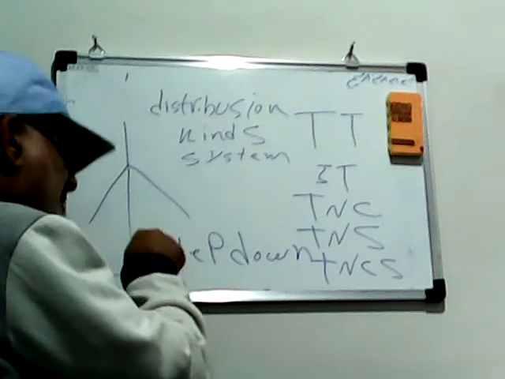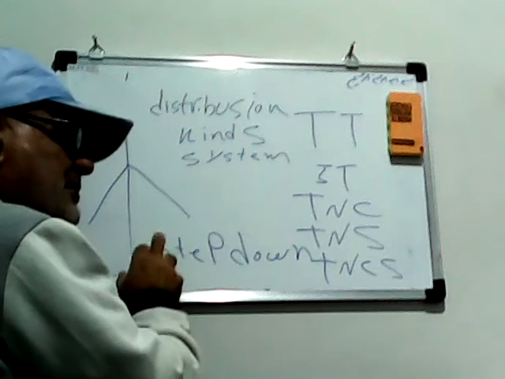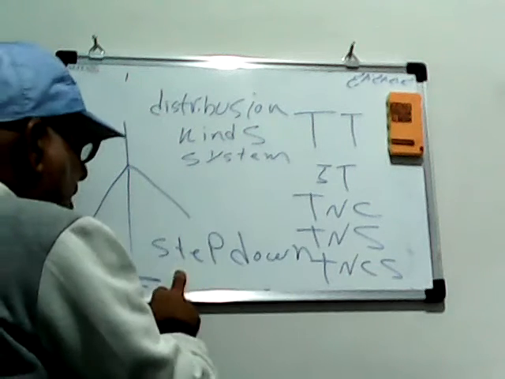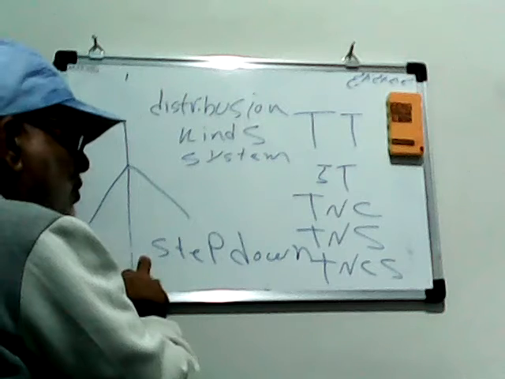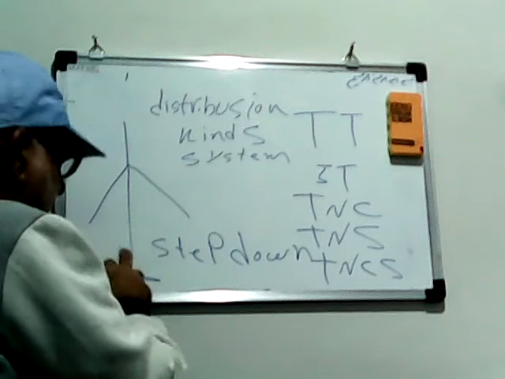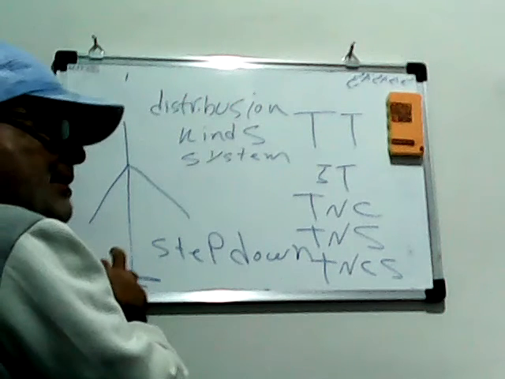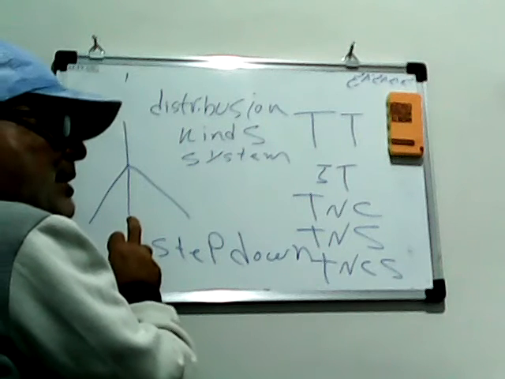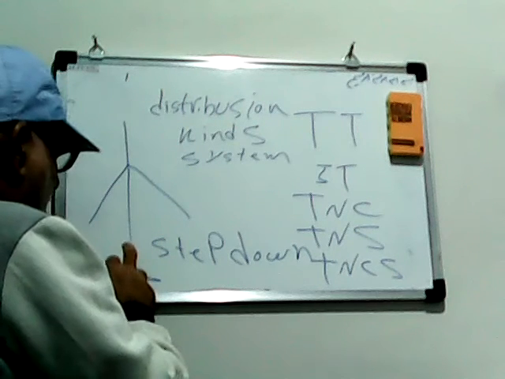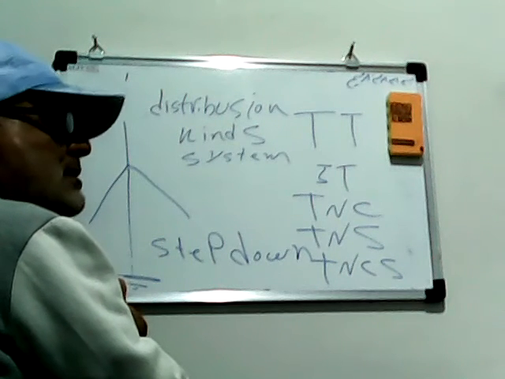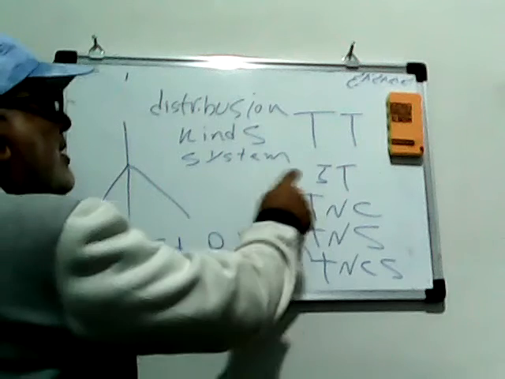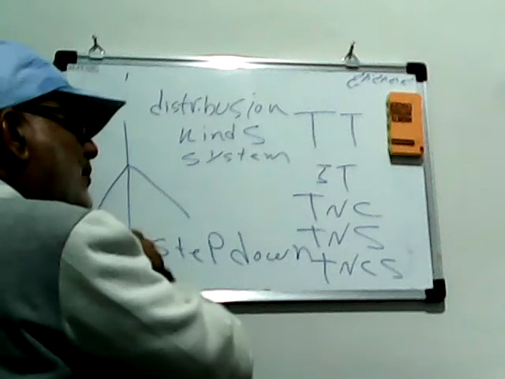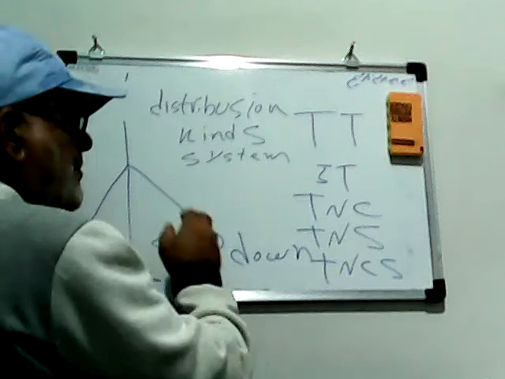But if the first letter is I, it means we don't use the earth electrode at the post transformer. If it is I, we don't use it; if T, we use it.